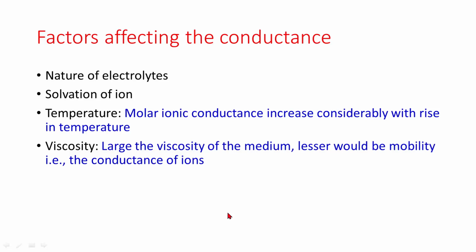It also depends upon the temperature, as molar ionic conductance increases considerably with the rise in temperature. Conductance is also affected by viscosity. The larger the viscosity of the medium, the lesser the mobility, that is, conductance of ions.